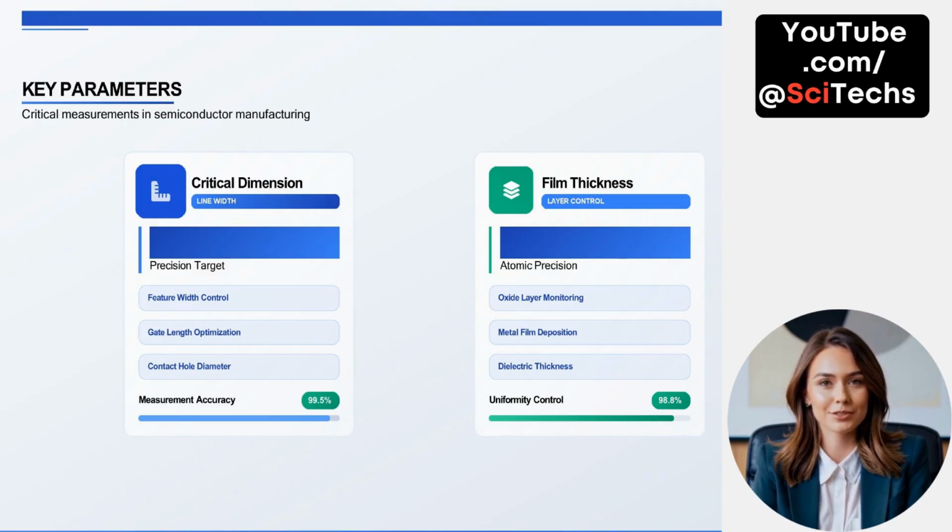Key parameters. In semiconductor manufacturing, controlling key parameters with extreme precision is essential to ensure device performance and yield. One of the most critical measurements is the critical dimension, which refers to the precise control of line widths on a chip. It supports feature width control, ensuring that each transistor or interconnect matches design specifications.